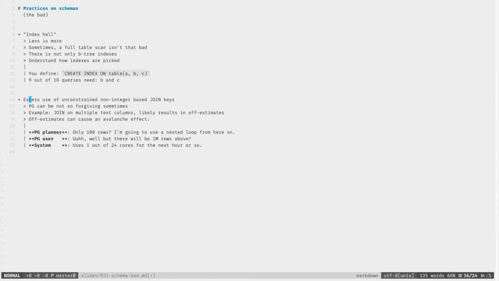Most of the time, the end user doesn't really care about what he picks in terms of data types, nor was there an automated data type deduction in place. So that user ended up with a lot of text columns and really enormous amounts of joins spanning multiple of these columns. And now what happens is the following.